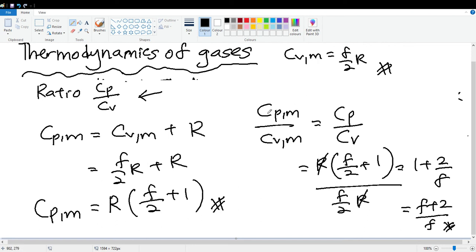Why did I mention that Cp over Cv equals CPM over CVM?